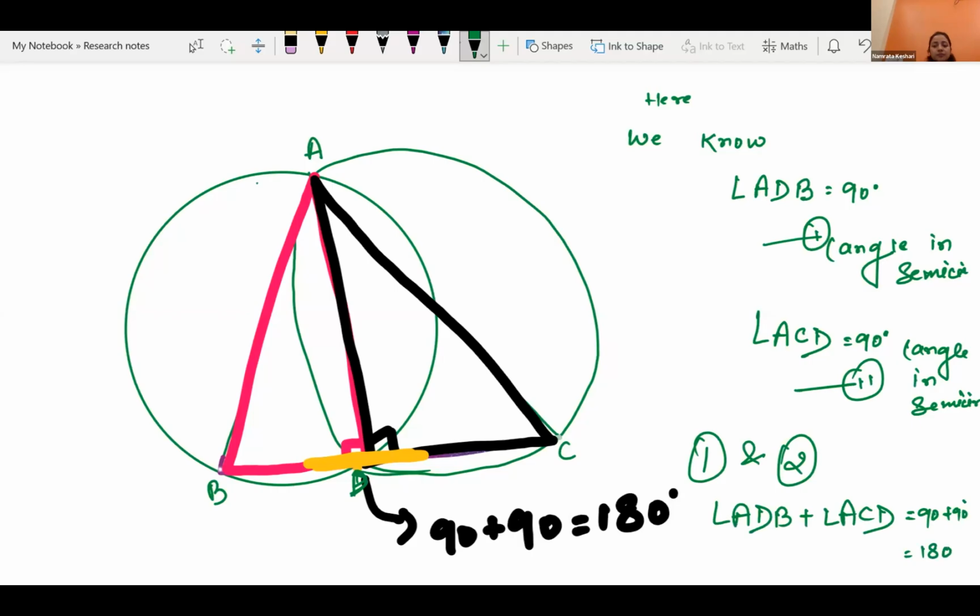Therefore, BDC is a straight line. That means the third side of the triangle.